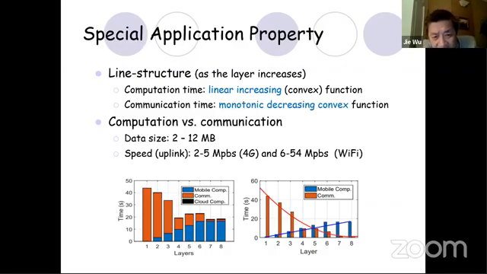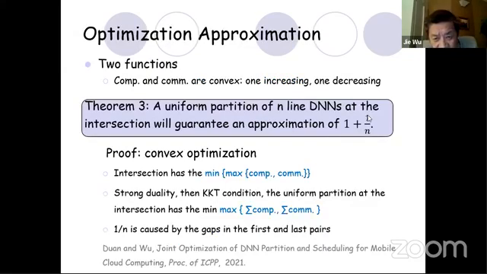So our overall result is the following. I'm not going to show you all of this. It means that if we do a uniform partition, meaning the intersection, it's very close to optimal. And the approximation ratio is 1 plus 1 over m, where m is the total number of copies. The reason is that you don't get the optimal result because when you do a pipeline, you cannot fully align.